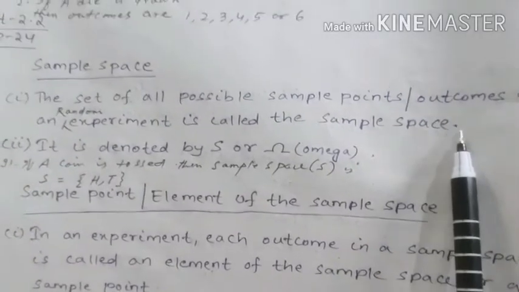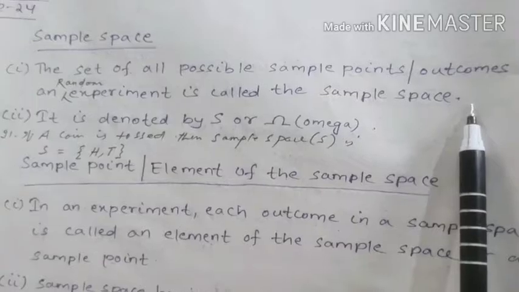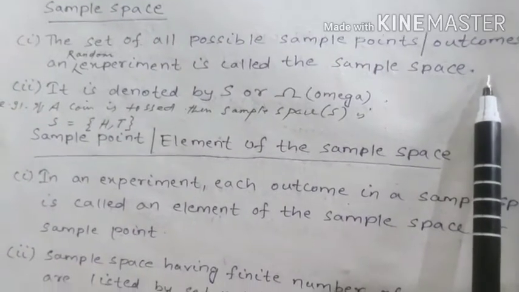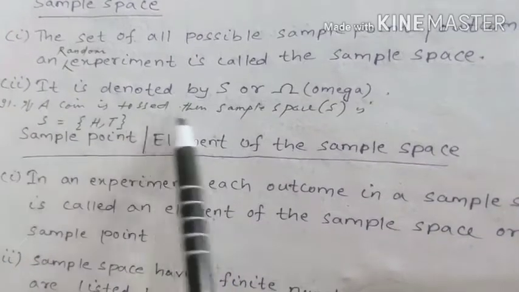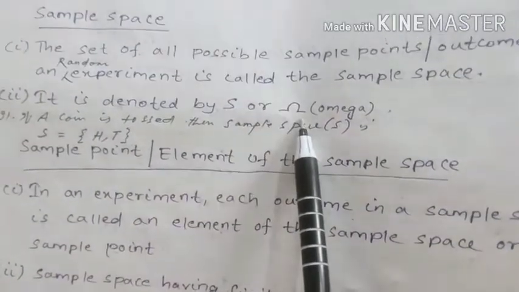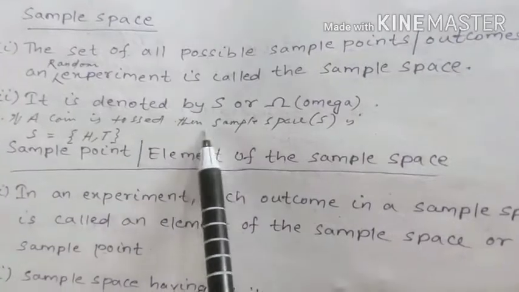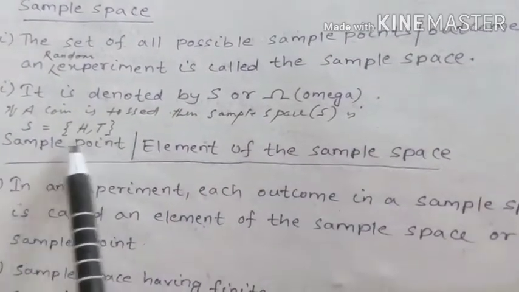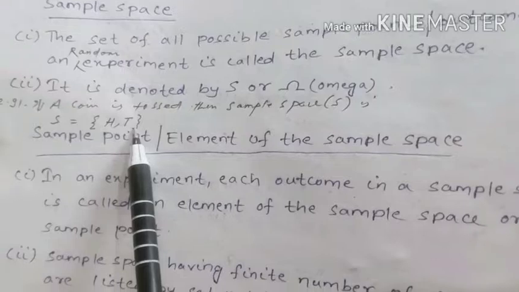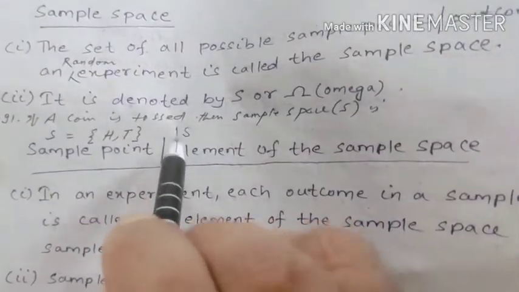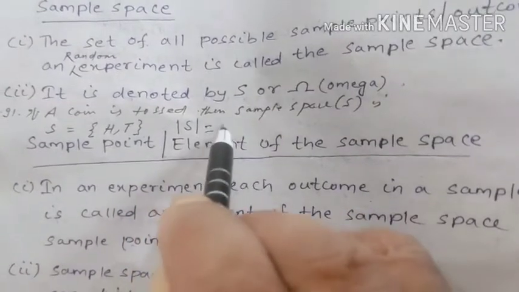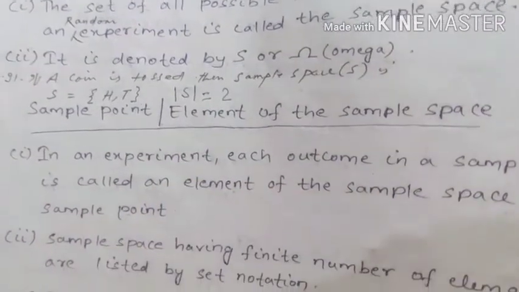For a coin, for a die, for a pack of cards, these are random experiments. It is denoted by capital S or omega. Suppose a coin is tossed, then sample space S equals H comma T. Then the number of sample points is 2. Mod S equals 2.